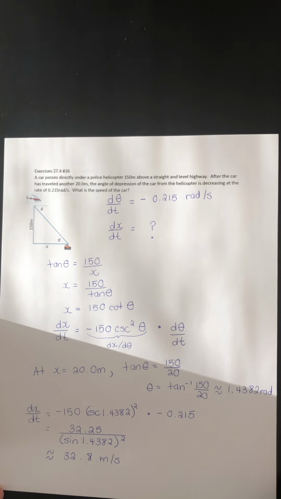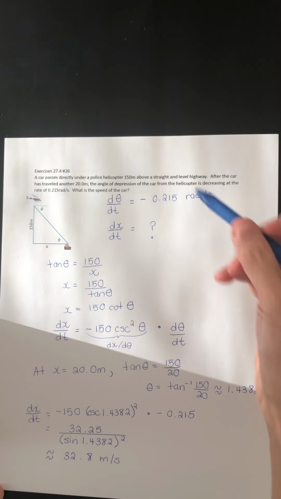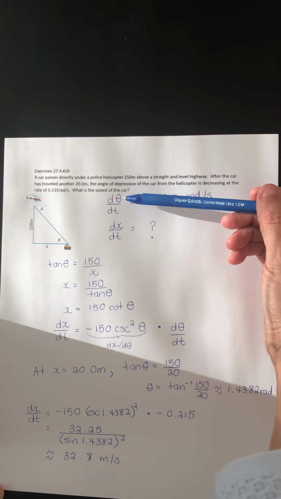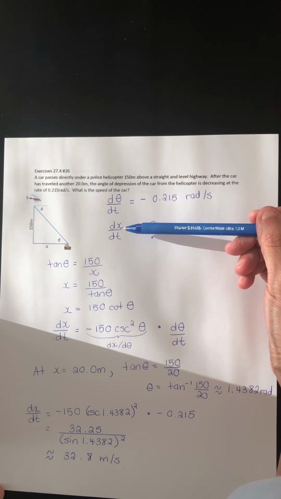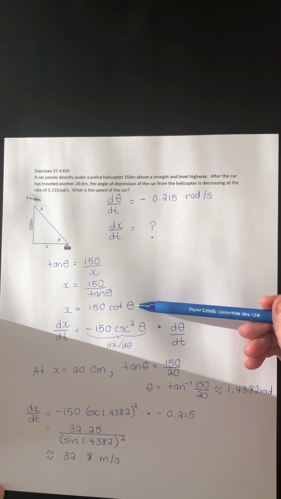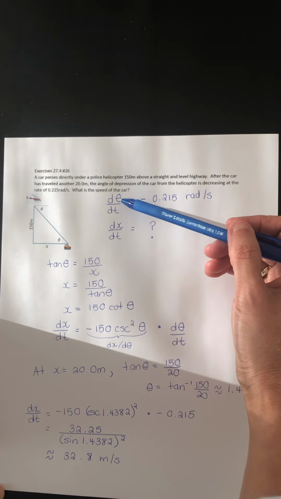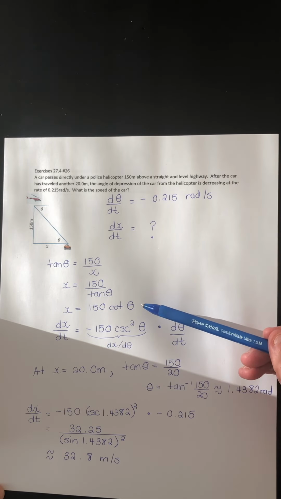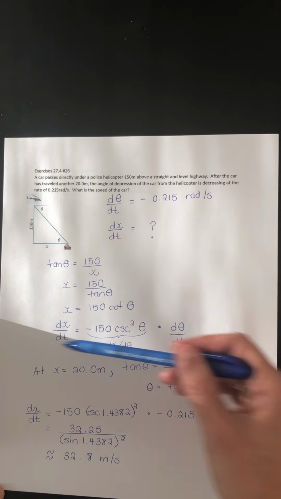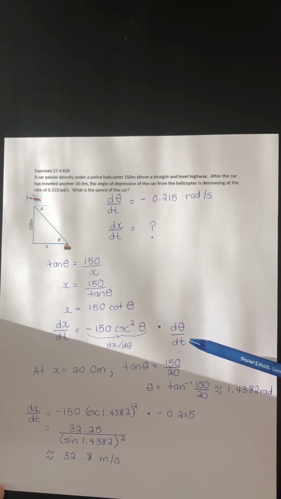All right, so there was a lot to that question, but the key was, which rate are you given? Which rate are you trying to find? Come up with an equation linking those two variables, so linking theta and x, and then differentiate both sides of the equation with respect to time.